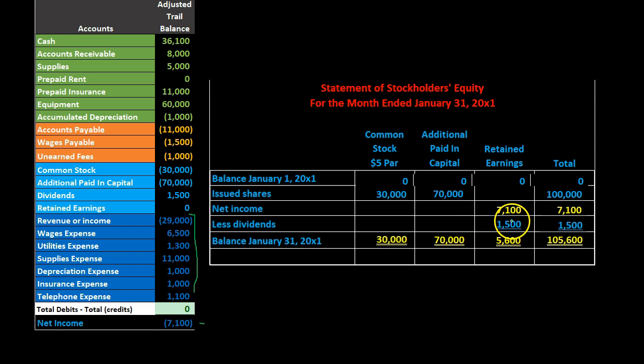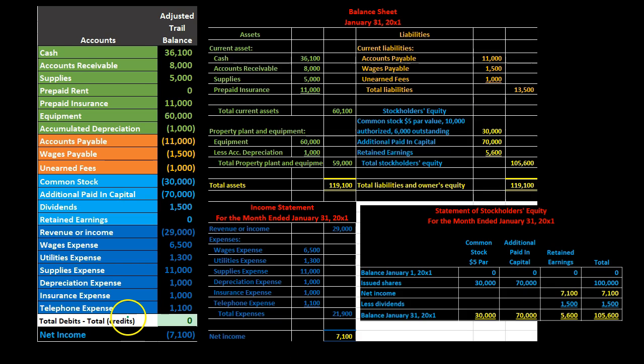And then we can calculate this one of two ways. We can take the 100,000 plus the net income, 7,100, minus the 1,500 to get the 105,600, or we can take the 30,000 plus the 70,000 plus the 5,600 to get the 105,600.